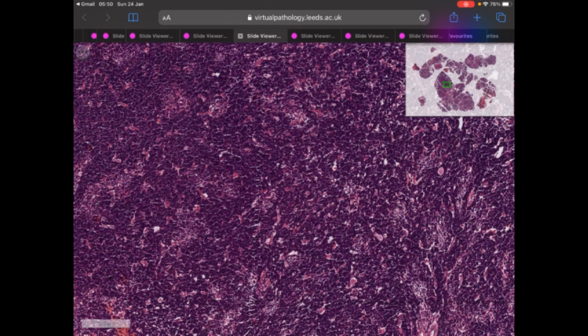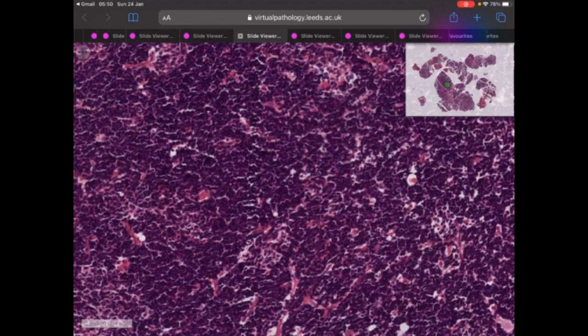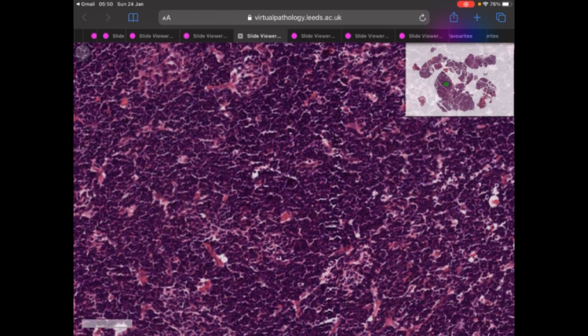The primitive cells display small cells with scanty cytoplasm. The cytoplasm is very minimal, so that we can only appreciate the nuclei. That's why they appear bluish, because of the nucleus.